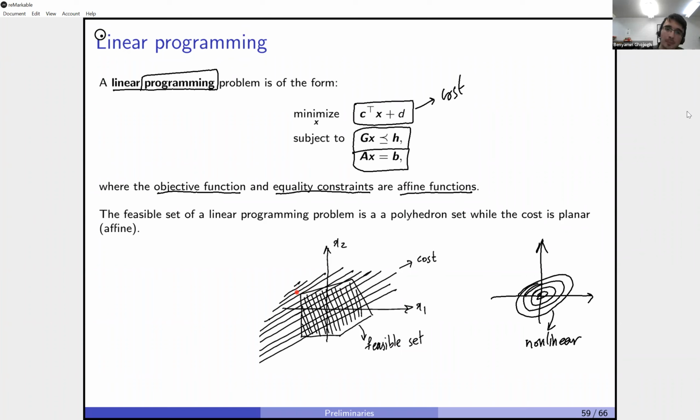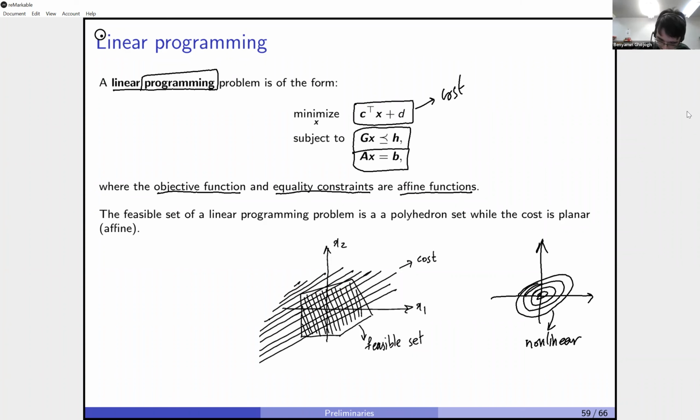So the cost is a plane or hyperplane. Here it's a plane because you can see the third dimension, the height, as the cost. If you look at my hand, for example, it's going up or going down. You can have the plane going up in this direction or that direction, or going down, but it is a plane or hyperplane.